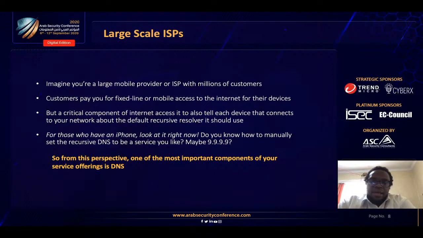Now I'm going to give a very interesting scenario, food for thought for those who are network operators and have millions of customers you're serving. One of the things you have to consider as a network operator is that when you're serving millions of customers, you have to give them the best quality of service.